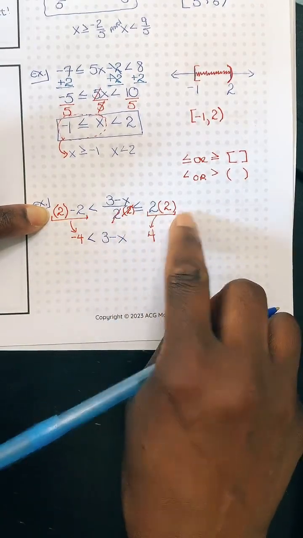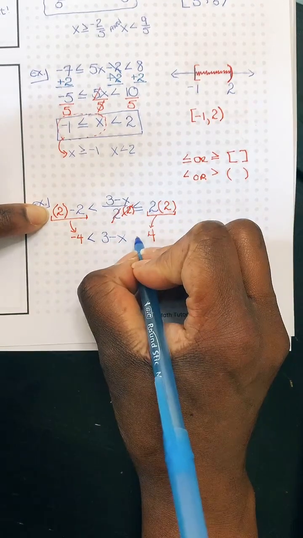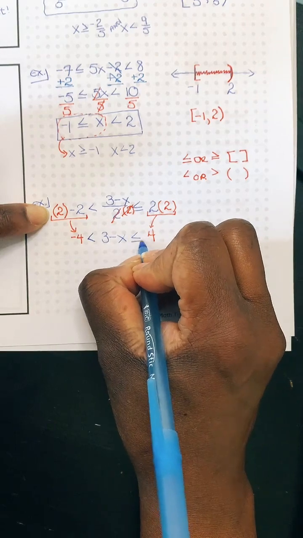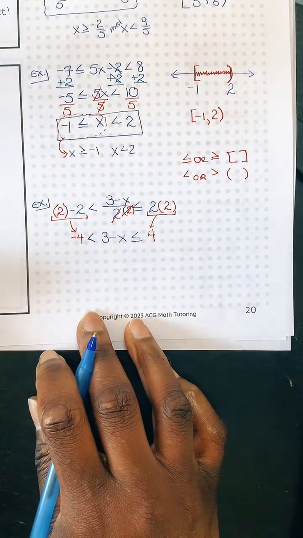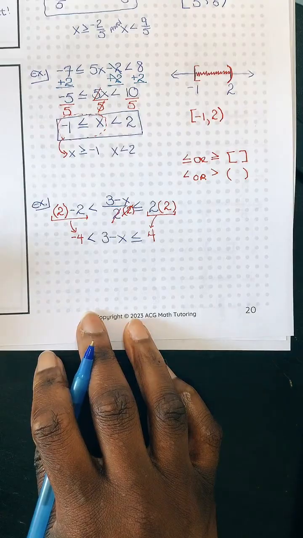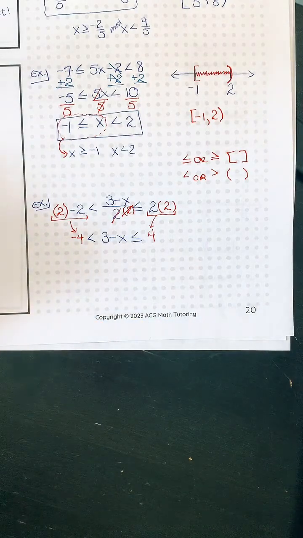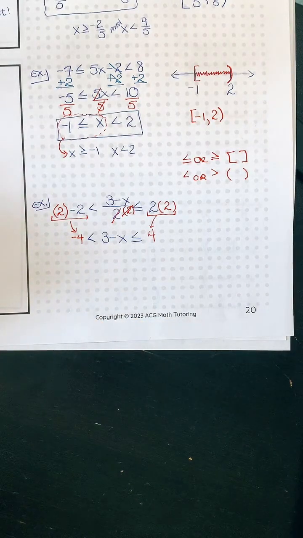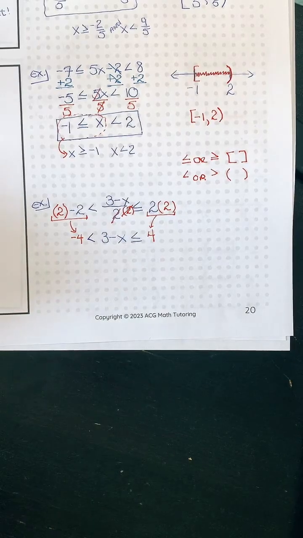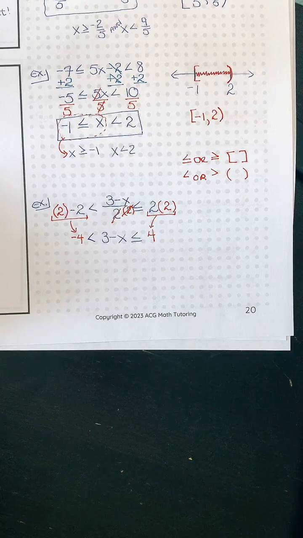It's only a positive 2. So my inequality signs are going to stay the same. Okay, rules of formulas are important. Just remembering some of those processes. I know it can be difficult. Trust me, I understand.